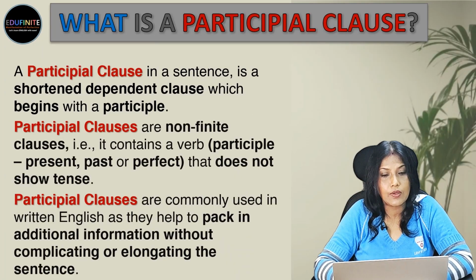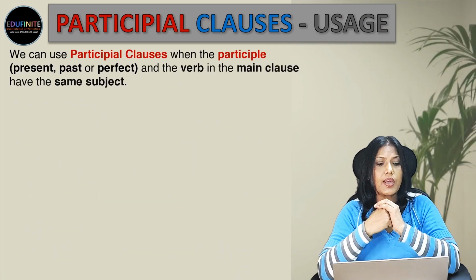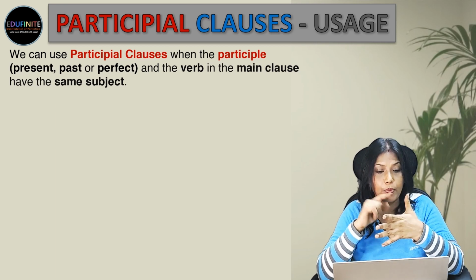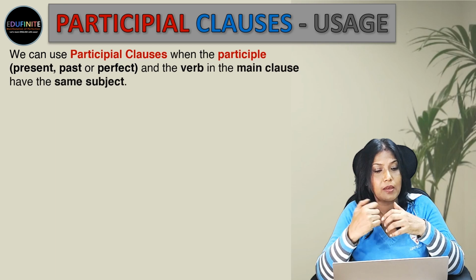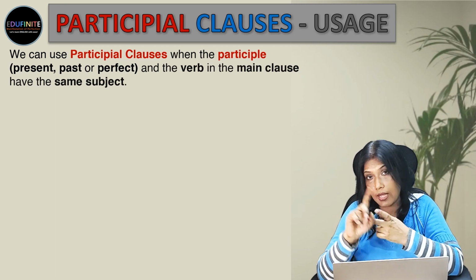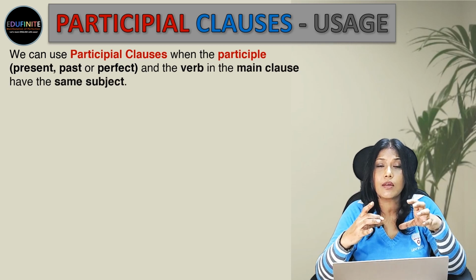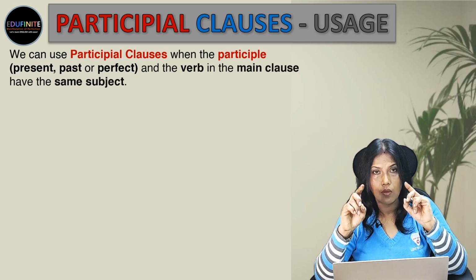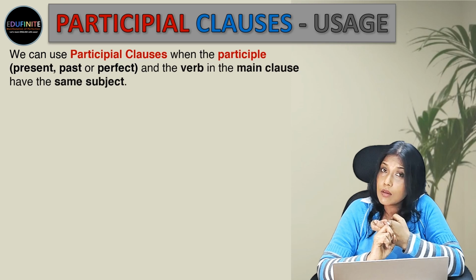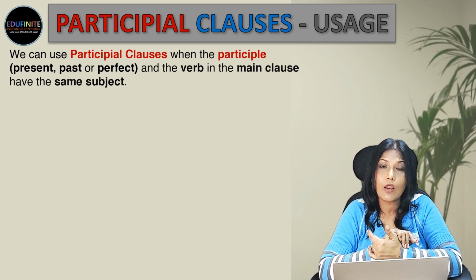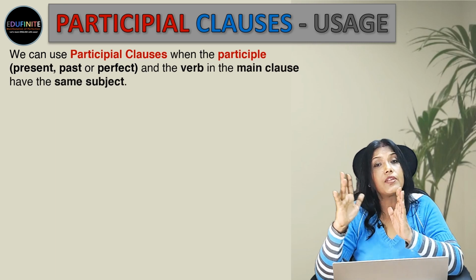Okay, so let's look into the usage. We can use participial clauses when the participle, present, past or perfect, and the verb in the main clause have the same subject. So that's the important criterion. Because we are shortening the dependent clause, the verb in the main clause as well as the participle of the dependent clause will have the same subject.